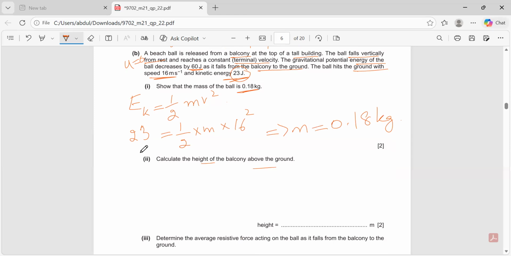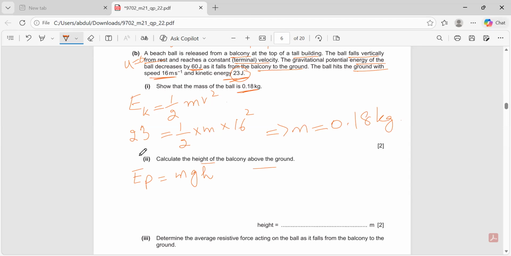So that is also very simple. Gravitational potential energy is given. So my dear friends, potential energy, EP, we know is equal to mgh. Now here we need to calculate height. So EP, gravitational potential energy, is given equal to 60.